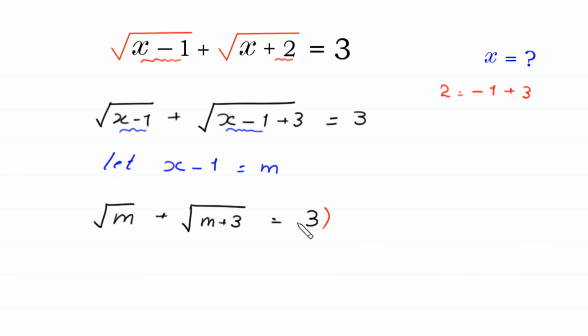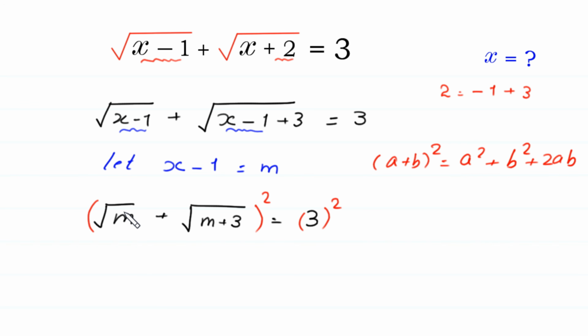Now from here we take square of both sides, and according to the algebraic identity, a plus b whole square is equal to a square plus b square plus 2ab.